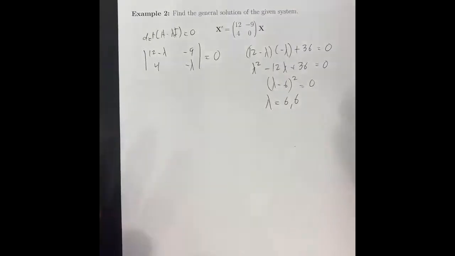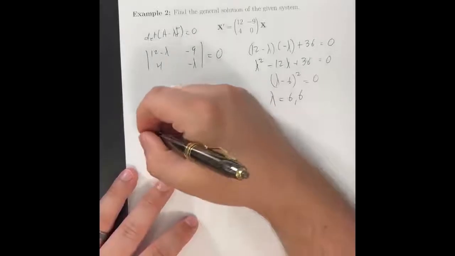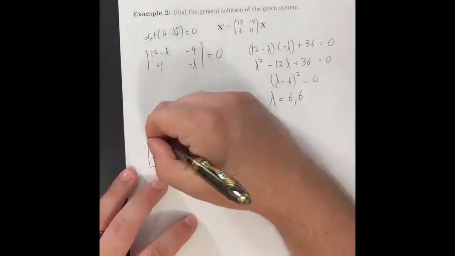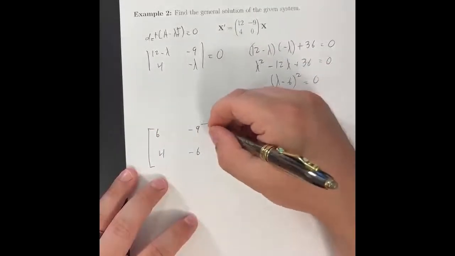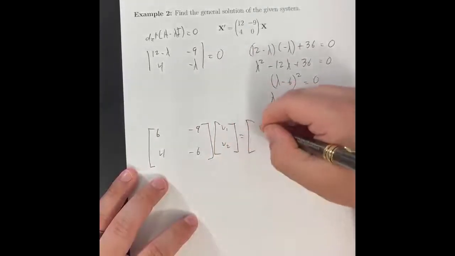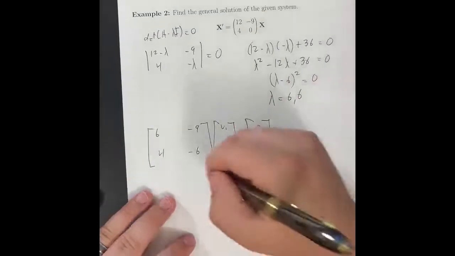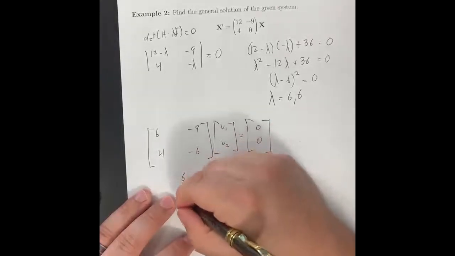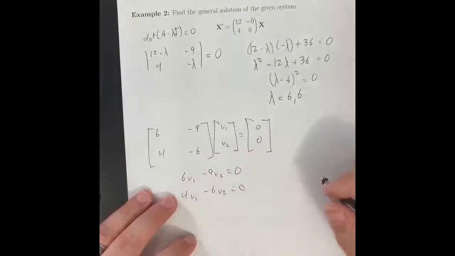In this case, we still need to find the eigenvectors. So we need to solve 12 minus 6 is 6, -9, 4, minus 6, times v1, v2 equals zeros. Writing this as equations, we have 6v1 minus 9v2 equals 0, and 4v1 minus 6v2 equals 0.